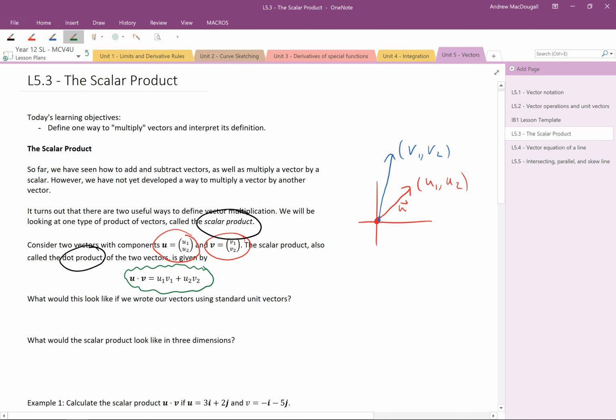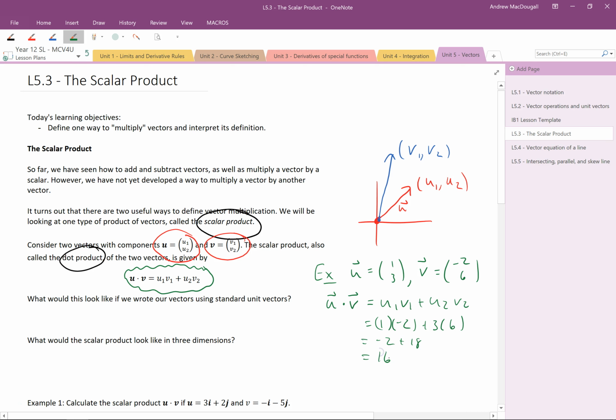That means you multiply the u1 and the v1, multiply the u2 and the v2, and add them together. So for example, if I had a vector u equals (1, 3) and a vector v equals (-2, 6), then u dot v, or u scalar product v, is u1 v1 plus u2 v2, which would be equal to 1 times -2 plus 3 times 6, so -2 plus 18, which is 16.